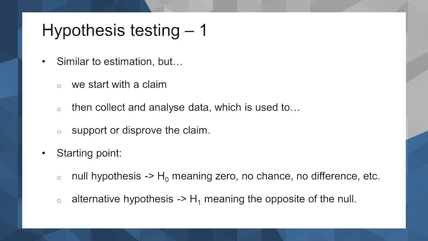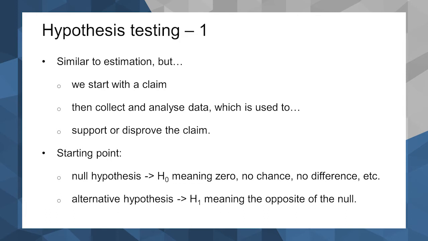Now, when setting hypotheses, there's always two hypotheses, and between them, they cover all possible outcomes. One is called the null hypothesis. The other one is the alternative. The alternative is everything that the null is not.